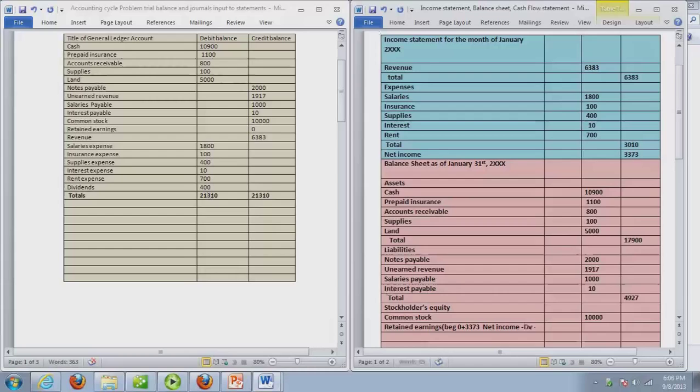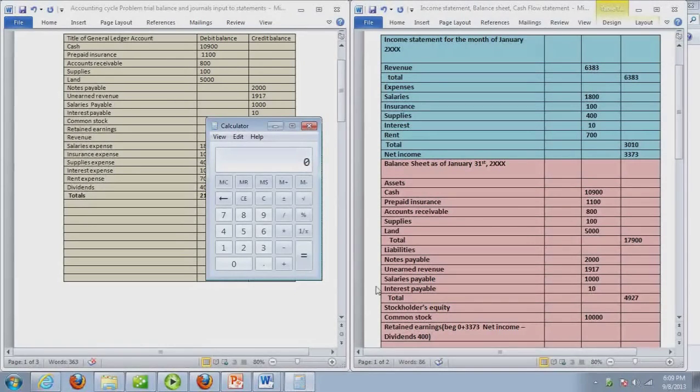So minus dividends of $400. And then go ahead and do the math. I can do better with the numbers than I do with the letters. So 3373. Subtract 400, we've got 2973. So don't forget you need to do that step.